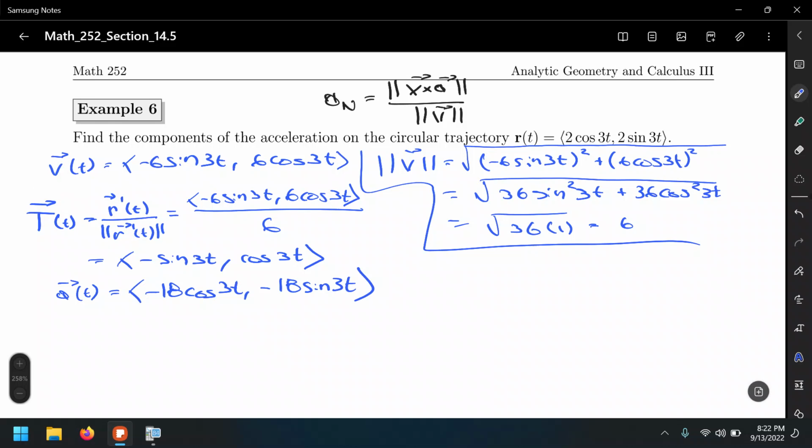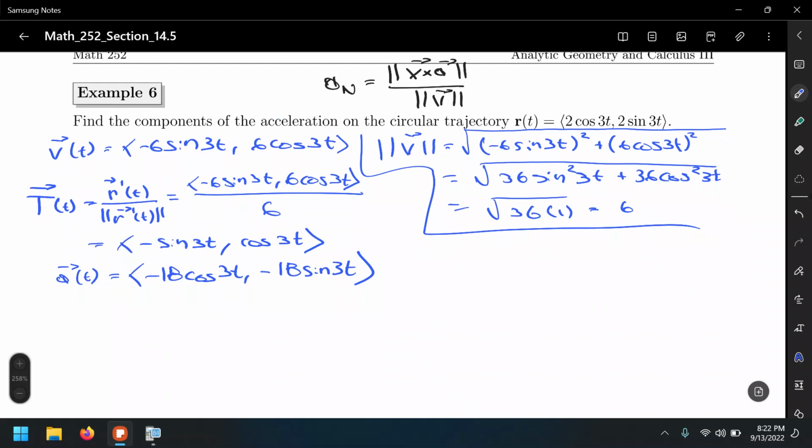So now we need the cross product between the velocity and the acceleration vector. Let's go ahead and set it up. Velocity cross with acceleration: I, J, K. But wait a minute, we have a 2D system here. All we're going to do is make the third component equal to 0. I'm going to need more space for this.